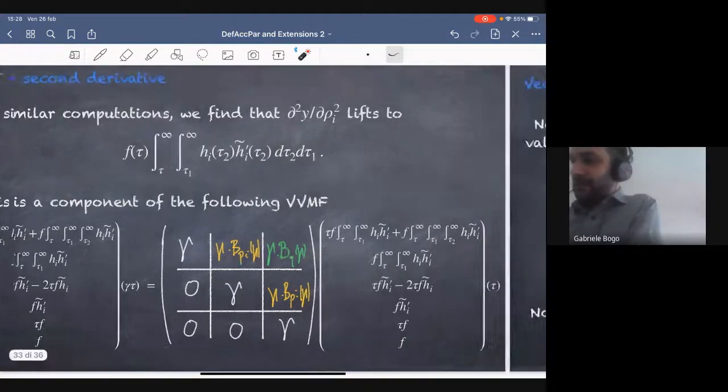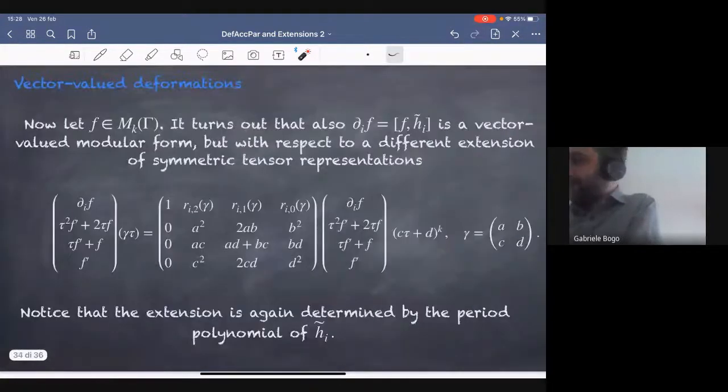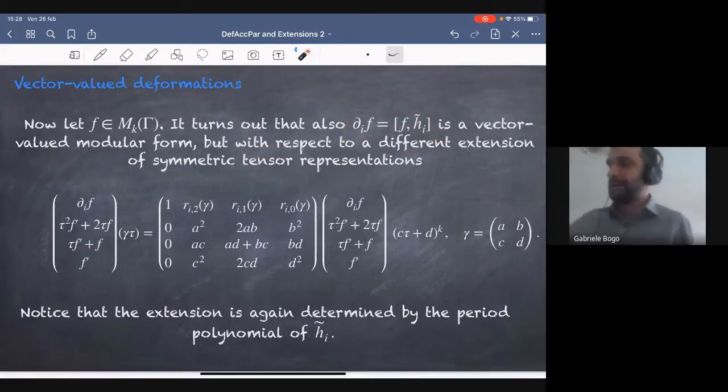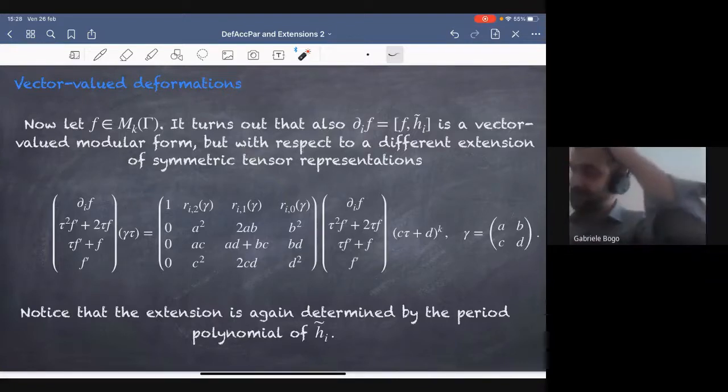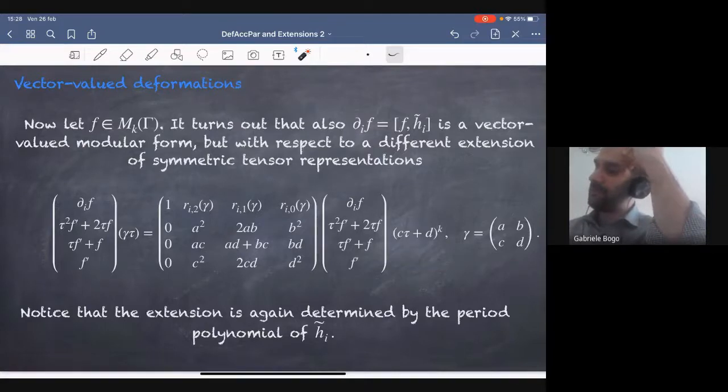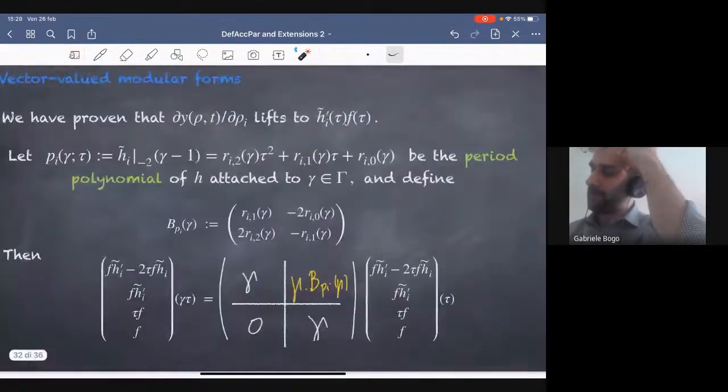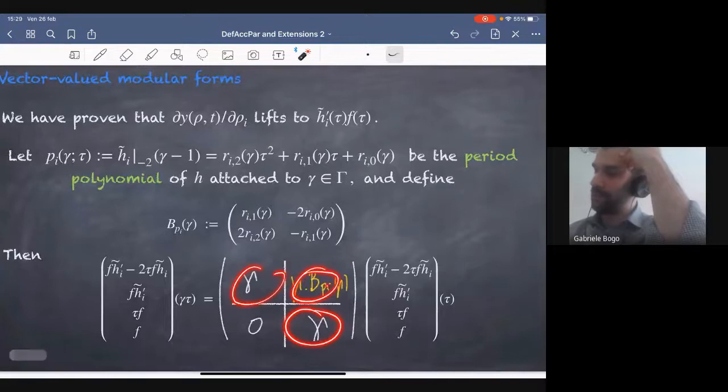This follows from the first theorem, but it is not so important. What is more important is that the deformations of modular forms given by Rankin-Cohen brackets are also vector valued modular forms, with respect to extensions of symmetric tensor representations, but in a different way. For example, before we had this kind of extension here, just gamma, gamma, and a 2 by 2 matrix here.